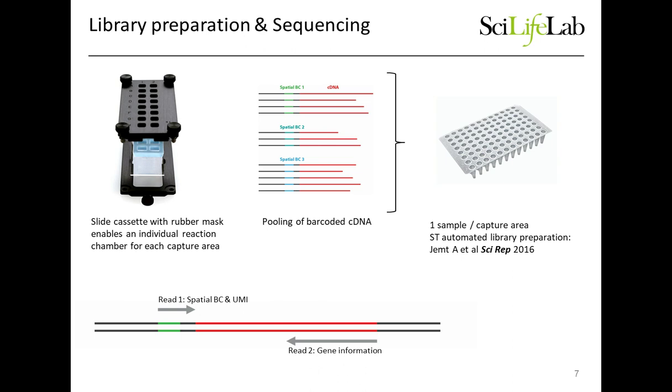I will not go into detail on the spatial transcriptomics library preparation, which is quite different from the 10x Visium version, but I thought I'd mention that for the last 2 years, we have been using an automated approach developed by Dr. Anders Jemt and published in Scientific Reports in 2016. For the finished library, we use Illumina paired-end sequencing to get the spatial barcode and UMI for read 1 and the gene information for read 2.